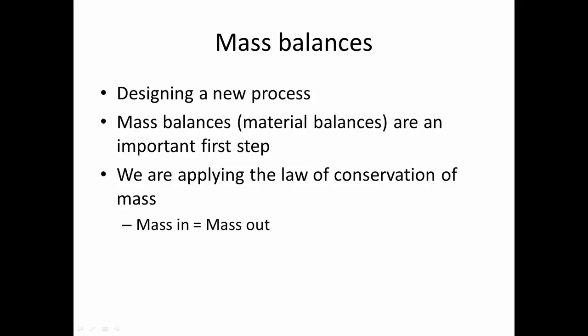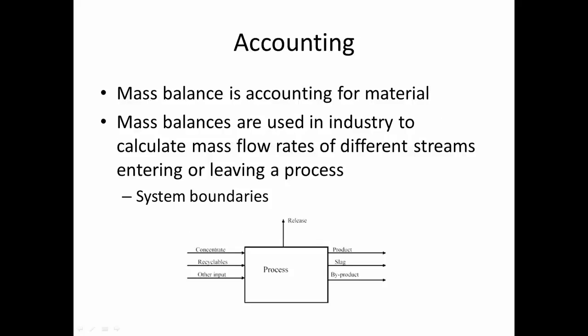These terms are interchangeable, so they mean the same thing. But essentially, we're applying the law of conservation of mass, and this is what we do as engineers. We apply theories, laws, etc., and make something practical out of them. So mass balance is the first step in that.